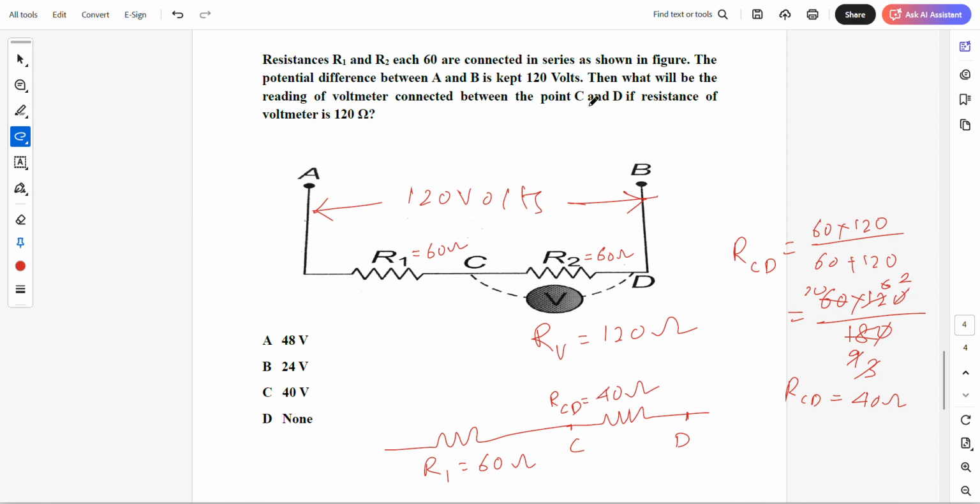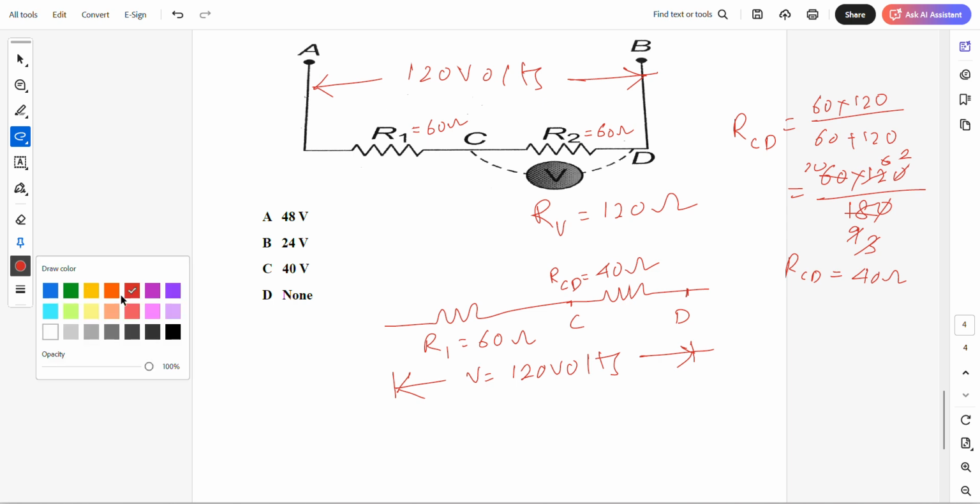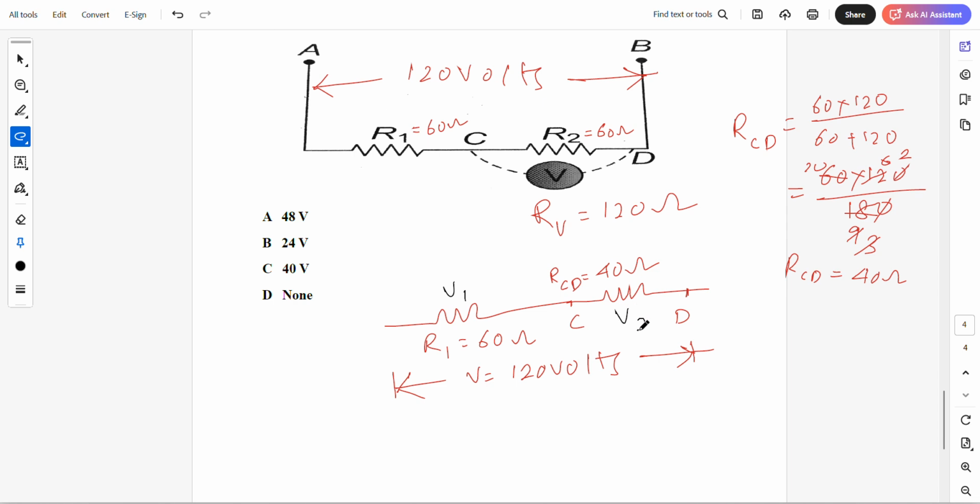Now what are they asking? What will be the reading of the voltmeter? We are very clear that the total voltage given is 120 volts. Now we'll use the voltage divider rule. Call this V1 and call this V2. How to calculate V2? Very easy.